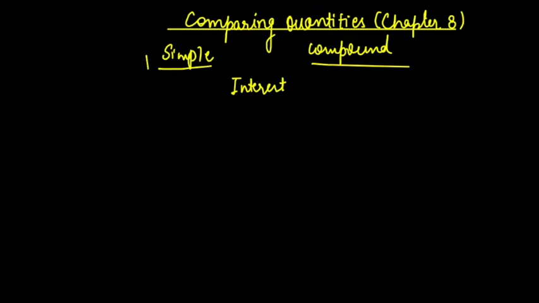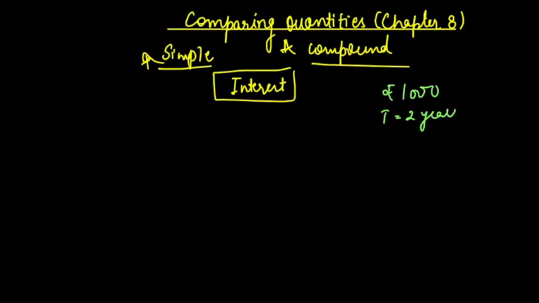Let's not go into simple interest or compound interest first. Let's understand what interest is. Suppose you have borrowed 1000 rupees from the bank for a period of 2 years at a rate of 10%. Now, why is the bank interested in giving you this amount? 1000 rupees is very small, I have taken it as an example.